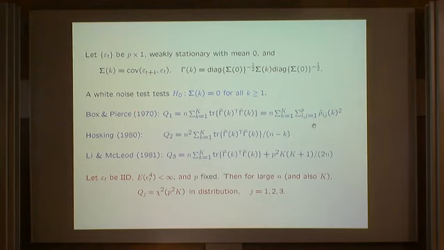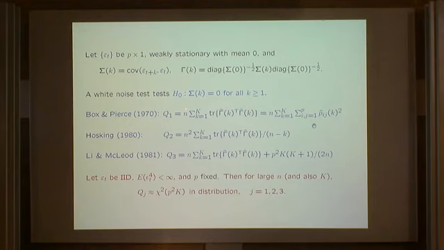Then Hosking proposed a variation. The variation is that you insert an n here, then divide by n minus k for each time lag. Suppose capital K is a constant, then asymptotically this is equivalent to this. But actually, when they prove the asymptotic chi-square approximation, they let K go to infinity slower than n.